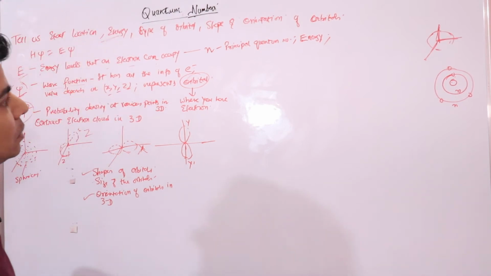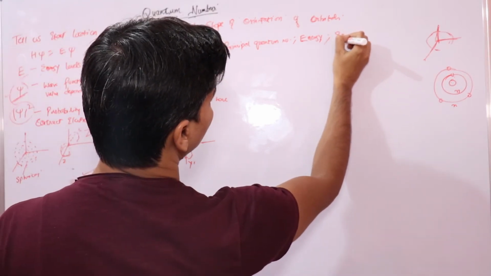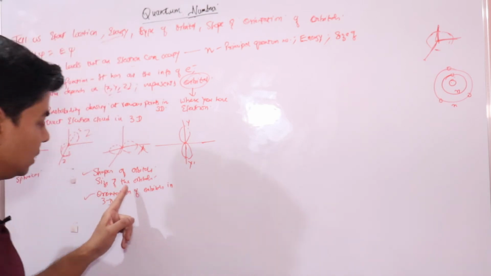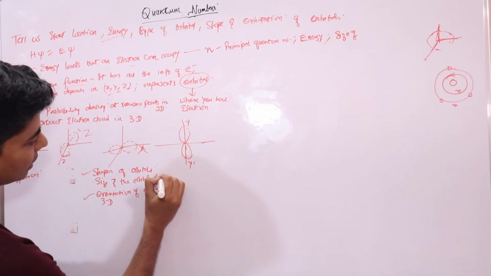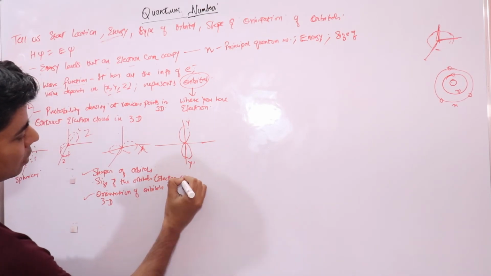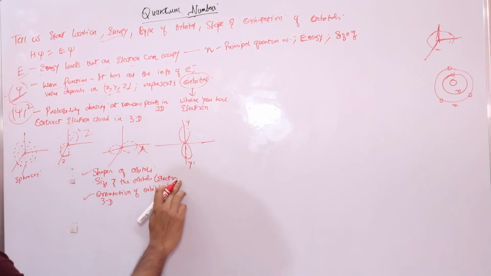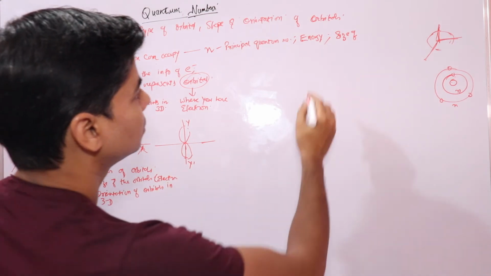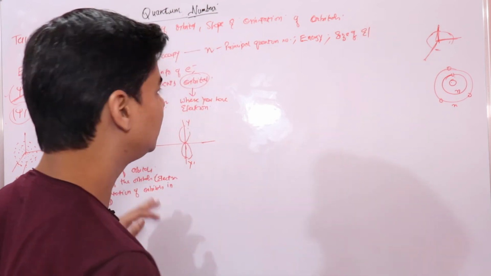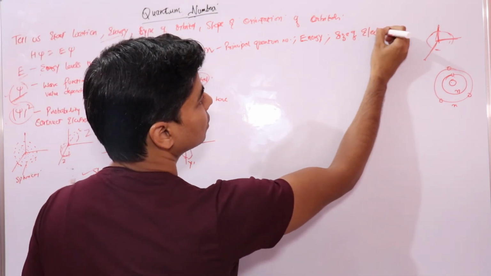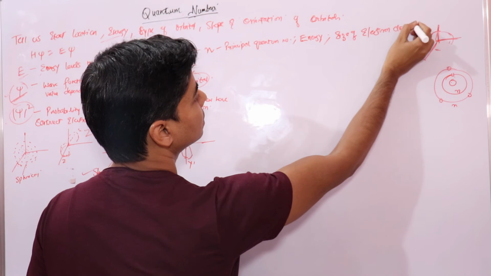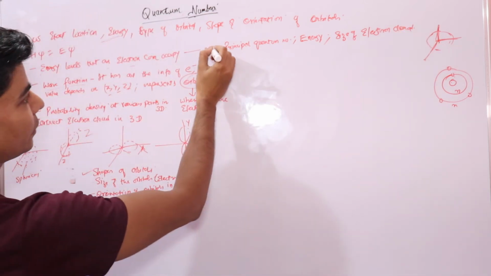It also tells us the size of the electron cloud, like I said here, the size of the orbitals. The size of the electron cloud is decided by the value of N.